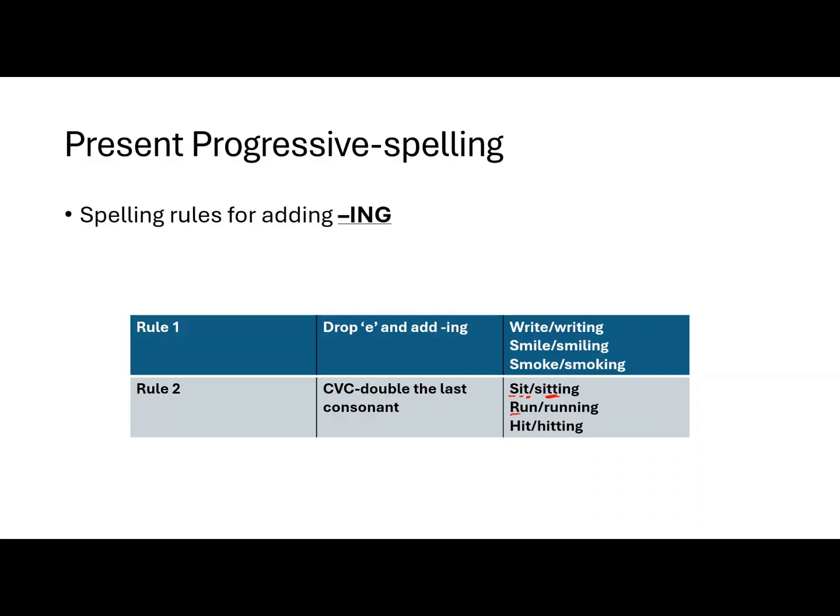Run has the consonant R, the vowel U, and the consonant N. So we double the N and add ing. For hit, I have consonant, vowel, consonant, HIT. So I double the T and add ing. So remember, if a verb ends with consonant, vowel, consonant, double that last letter and add ing.